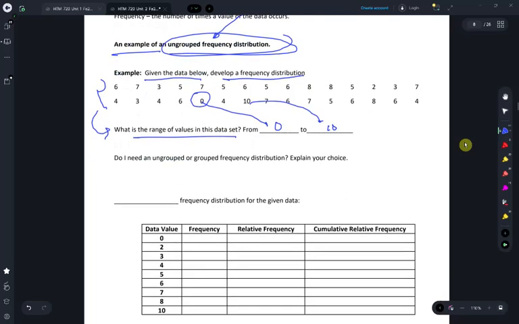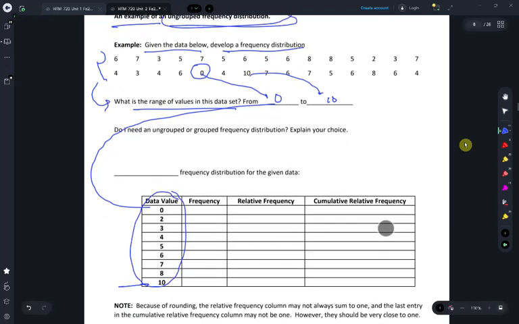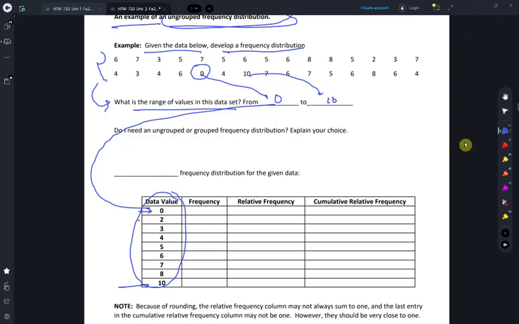If I were to write out the individual values 0, 1, 2, up to 10, that would not look too long. So in this case, I'll rather keep each number in its own individual group. This leads us to an ungrouped frequency distribution, which indicates that each number is not grouped with other numbers. Rather, each number remains in its own group.